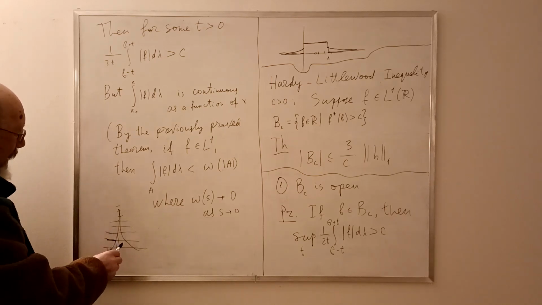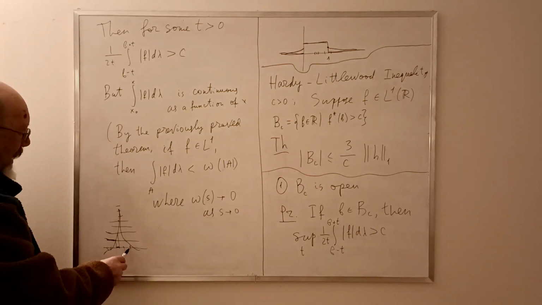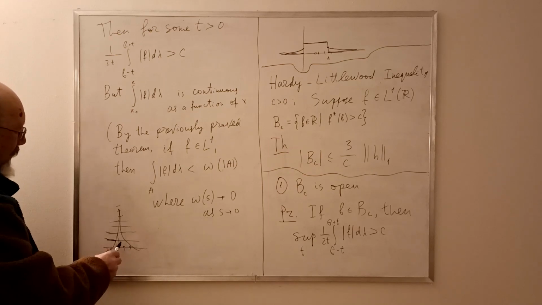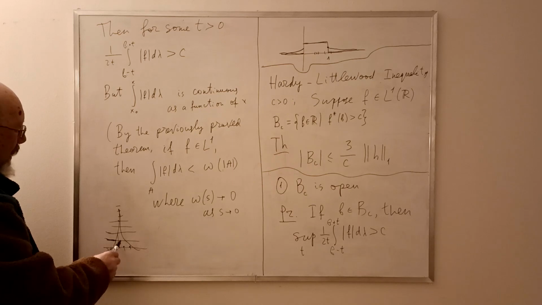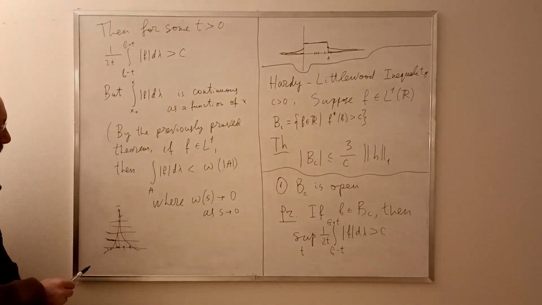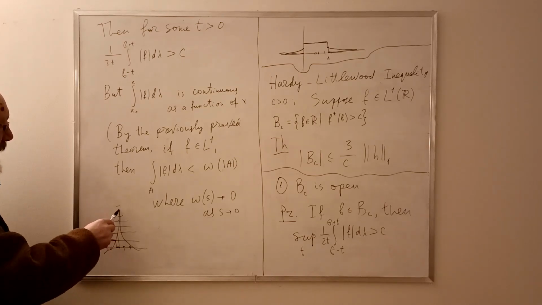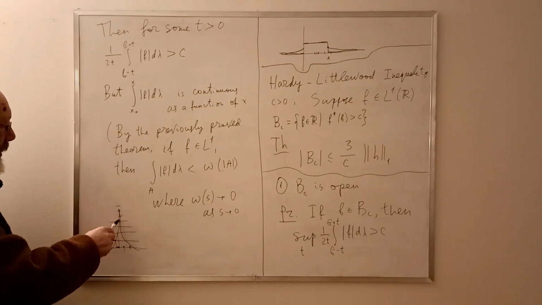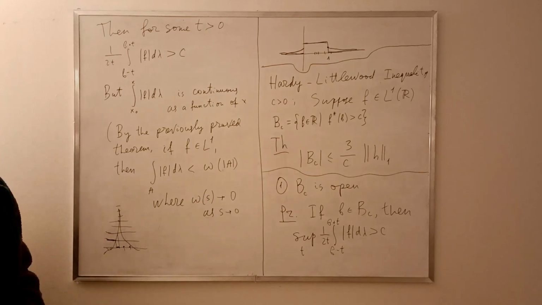And if you consider a set of small measure here, we can consider a set of the same measure that includes this peak, and the integral will be larger because the function will be larger. But even in this case, the integral here will be bounded and go to zero if this threshold goes to infinity.